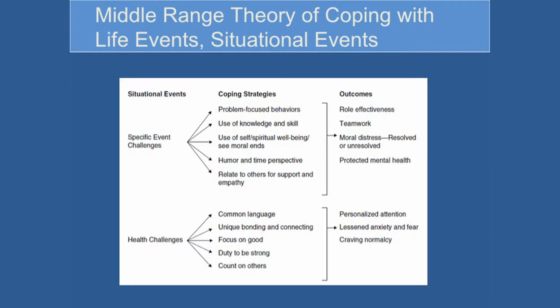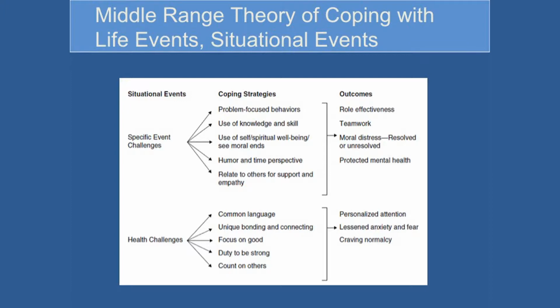The health challenges, the second type of situational events, involved coping strategies of having a common language, unique bonding and connecting, focus on the good, the duty to be strong, and counting on others.